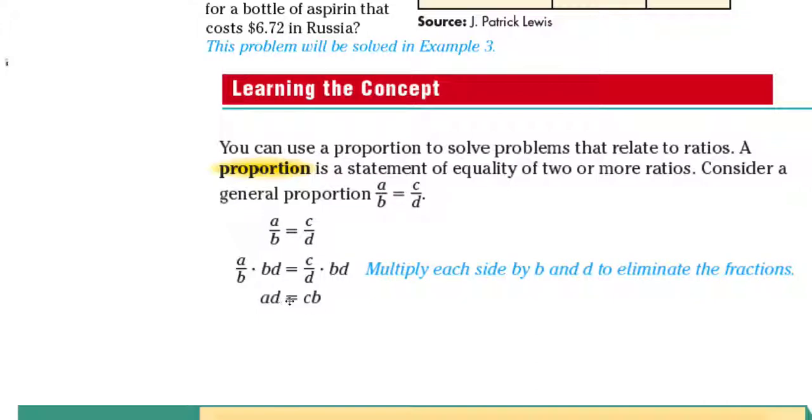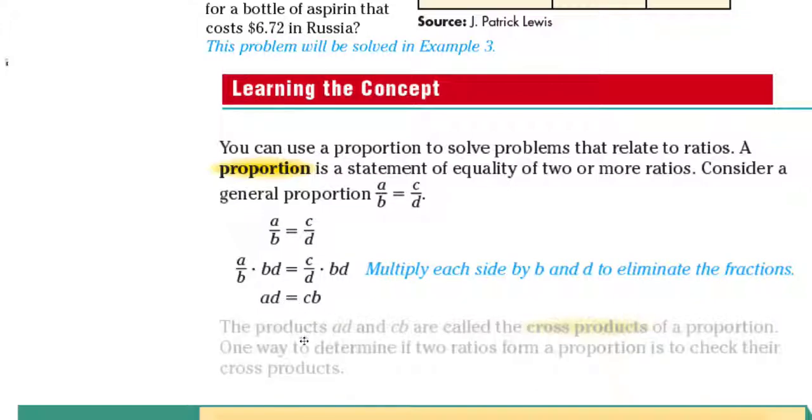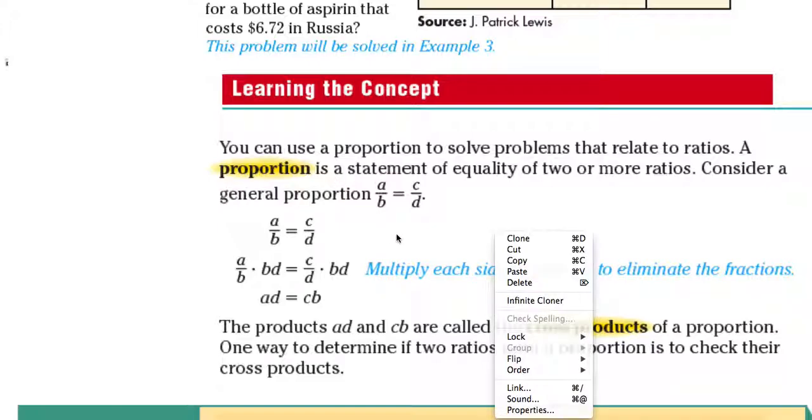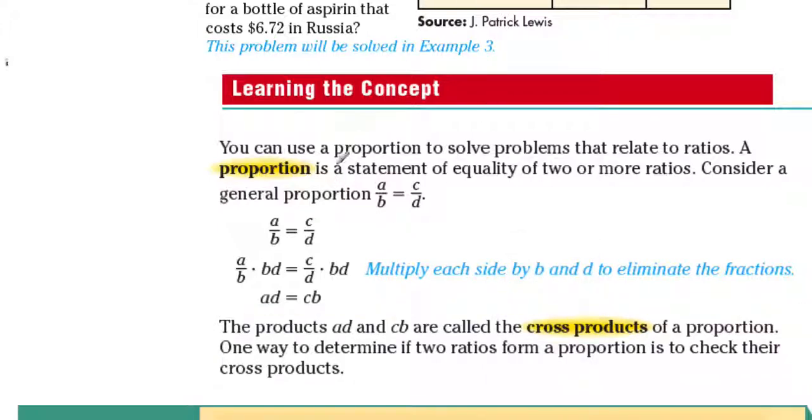What do you notice? The products AD and CB are called cross products of a proportion. One way to determine if 2 ratios form a proportion is to check their cross products. Cross products simply mean multiplying A and D together, and C and B together.